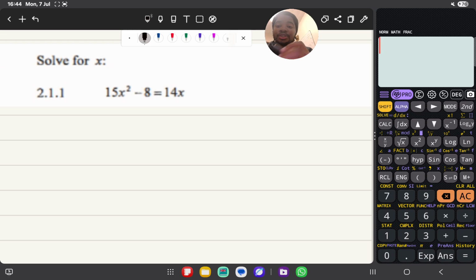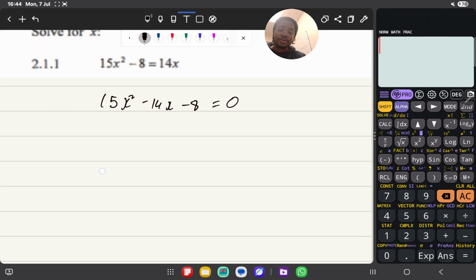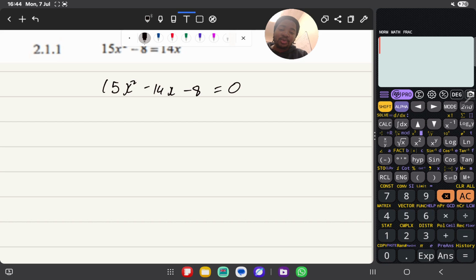What I would recommend is, first thing first, we have to transpose the 14x. The reason is that quite often when we factorize, especially when we are factorizing trinomials, this is the structure we must have.